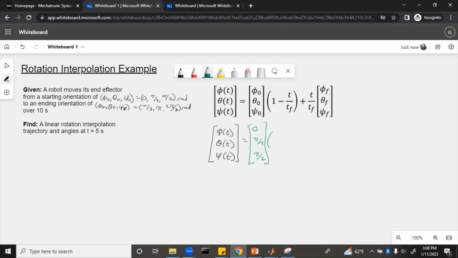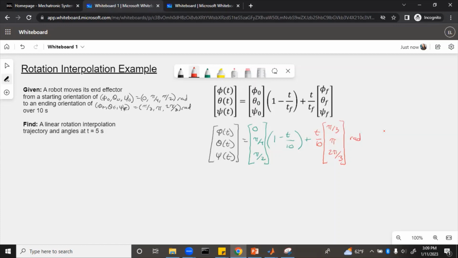That is multiplied by 1 minus t over the final time, which is 10, plus t over 10 times the ending values of pi over 3, pi, and 2 pi over 3 radians.